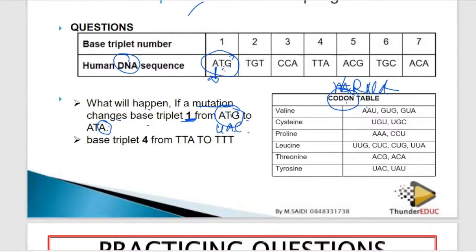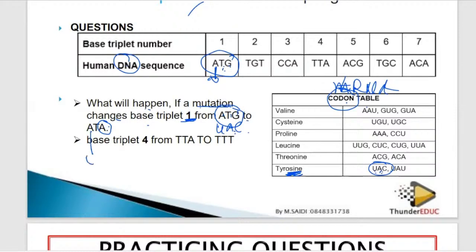I come here, look for it. No, AUC. Where is it? UCA is tyrosine, isn't it?